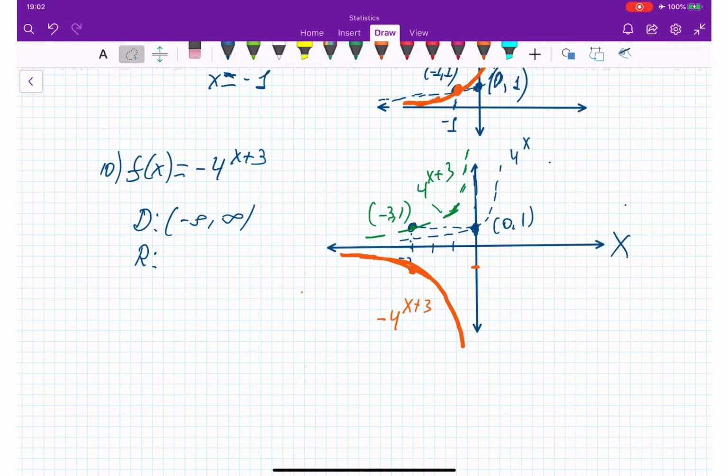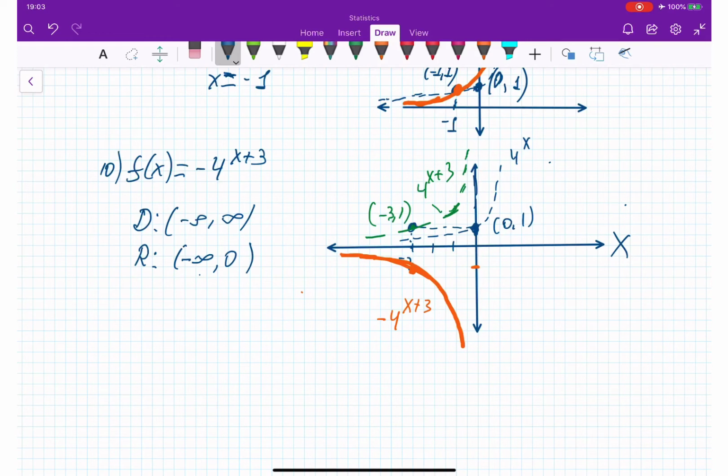Then it's going from 0 and going down to negative infinity. Our range, because it's our y, the graph is going down. So negative infinity to 0, since we write first the negative and then the positive, because numbers grow from negative to positive. Negative infinity to 0. All right?